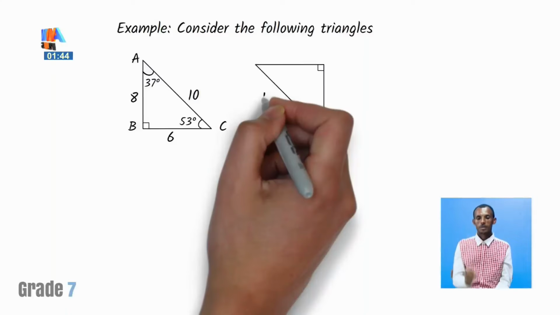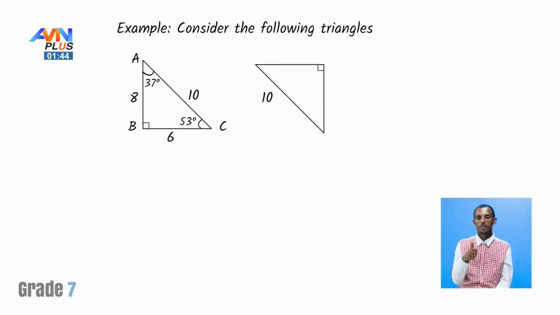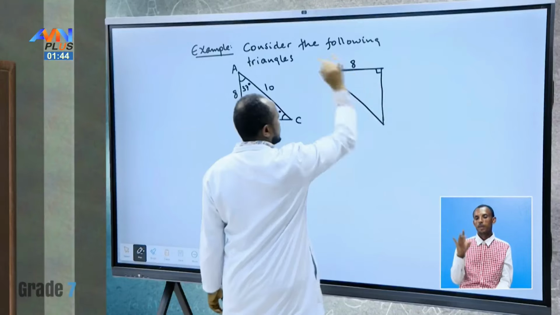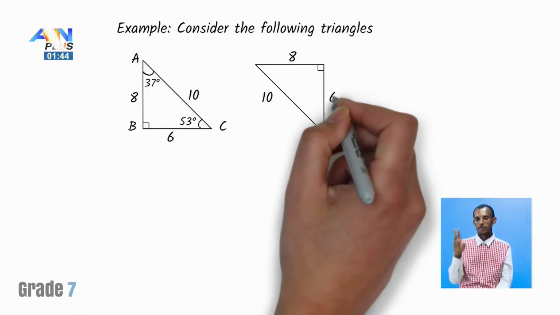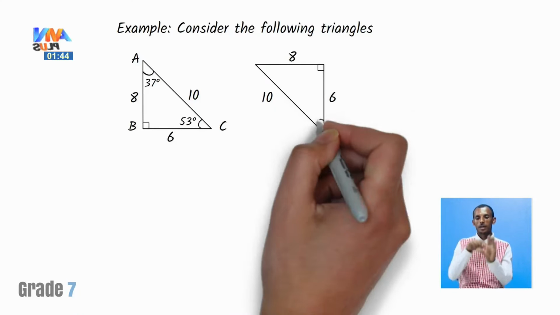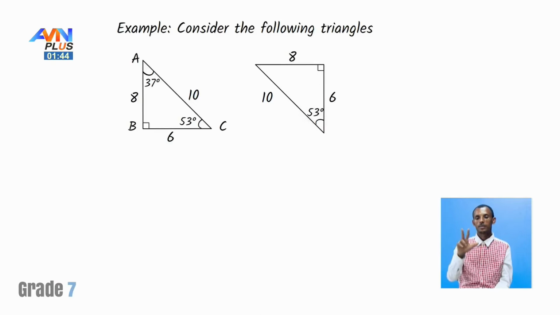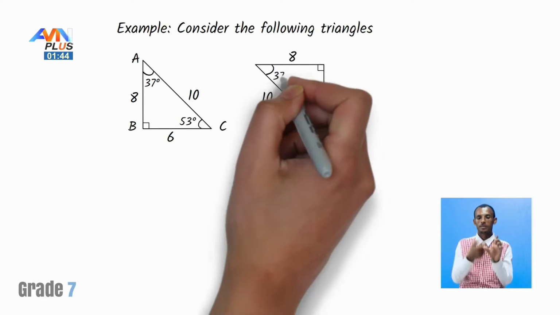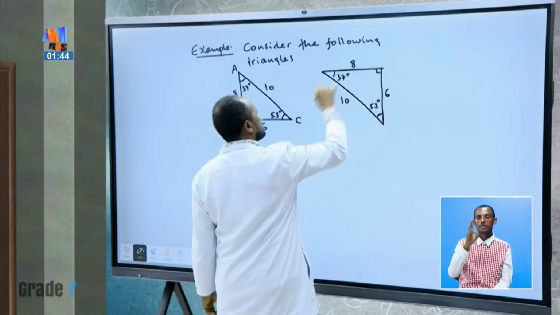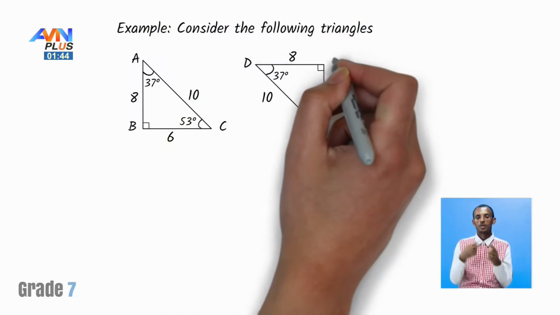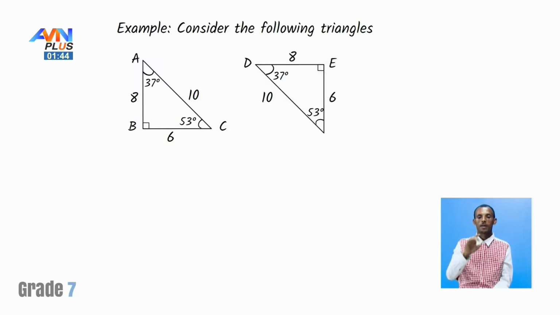This side is 10 units, and this one is 8 units, and this one is 6, and this is assumed to be 53 degrees, and this one is 37 degrees. And let's assume this triangle to be triangle DEF.